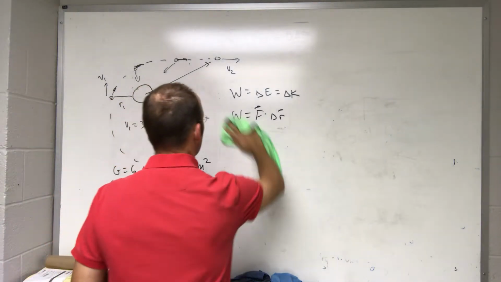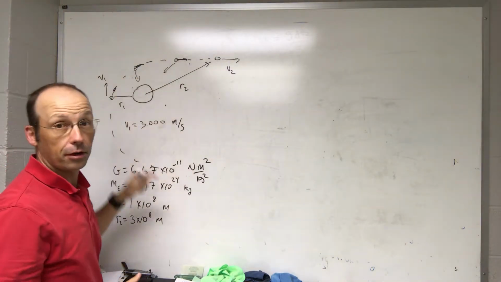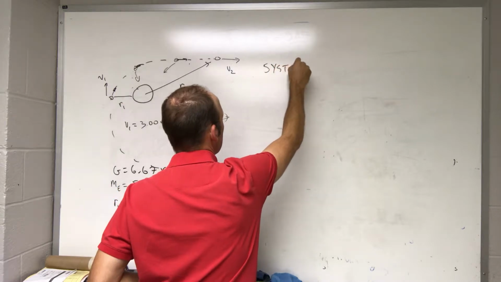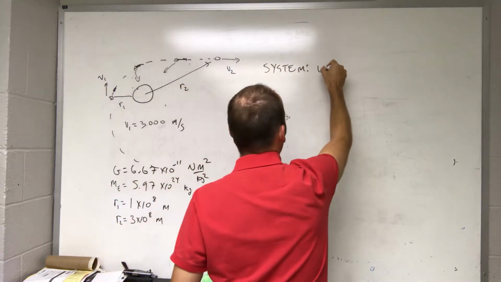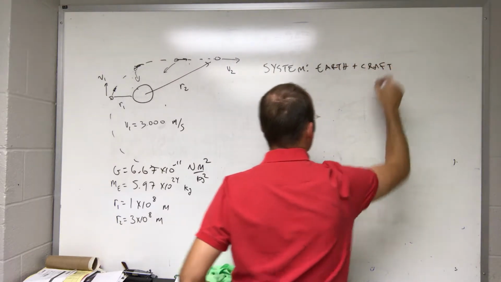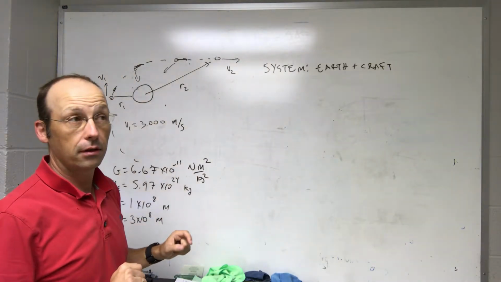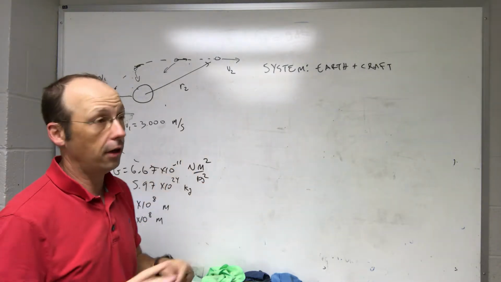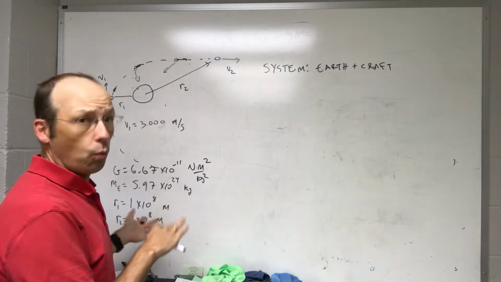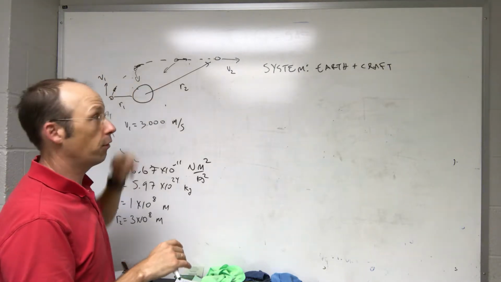So what are we going to do? We're going to use the work energy principle. We have to, because we're dealing with a change in displacement. But the first thing to do is say, what is the system? It's going to be the Earth plus the spacecraft. If I take the system of both, then ignoring the sun and all that other stuff, which I could safely do in this case, there's no work done on the system because the only forces are internal, this internal gravitational force.